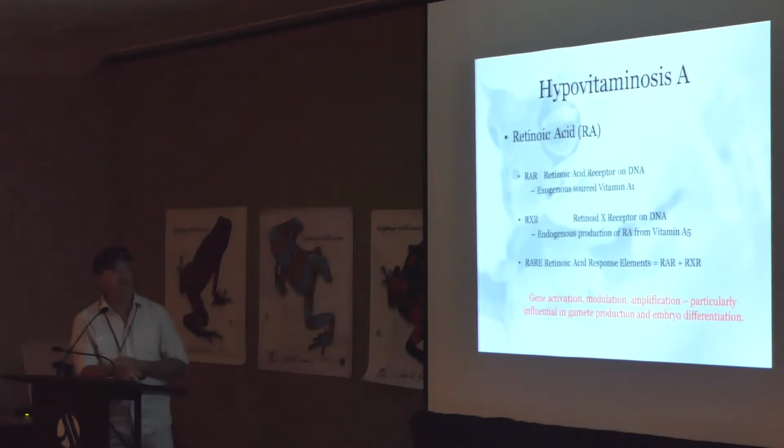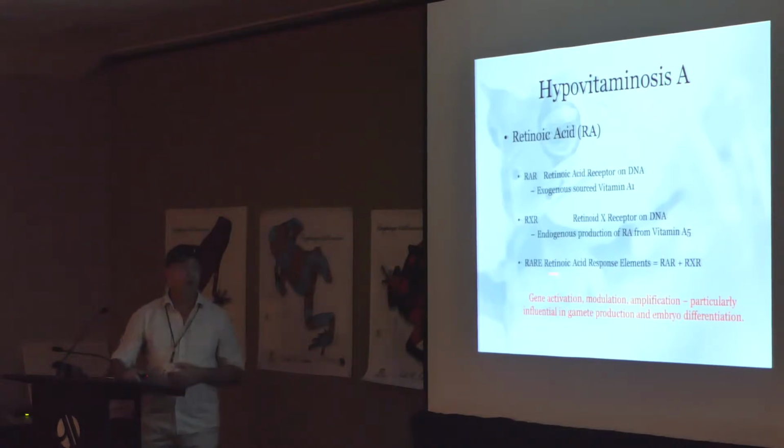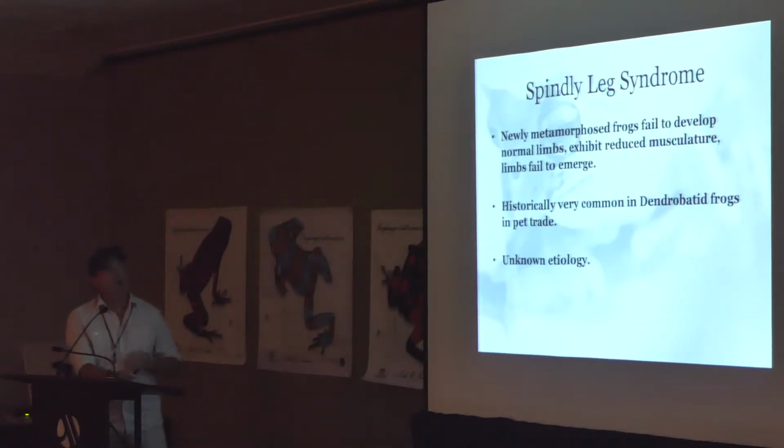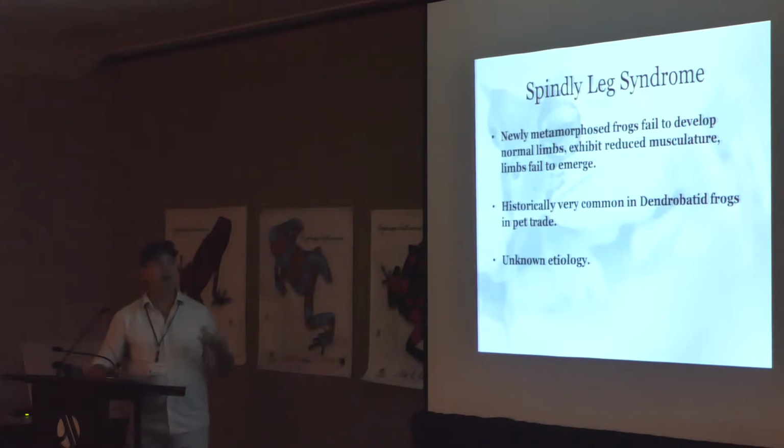So again, the things that the vitamin A is doing here, the retinoic acid, is gene activation, modulation, amplification, and influential in gamete production and embryo differentiation. All of these things are important in breeding frogs in captivity. So again, talking about spindly legs, there's been a lot of hypotheses out there.